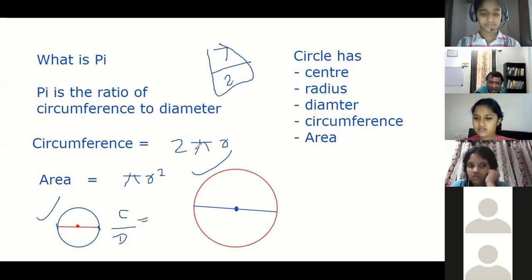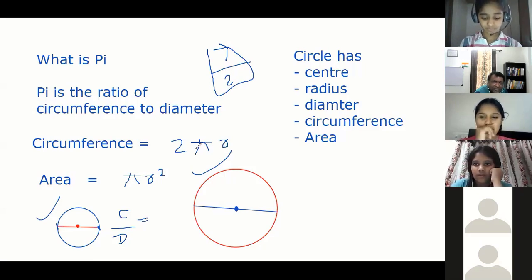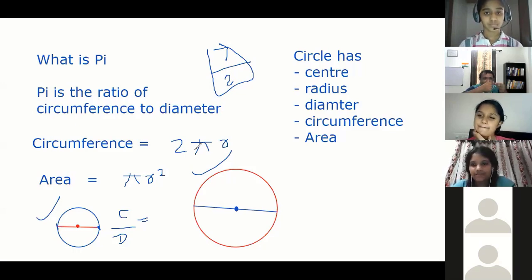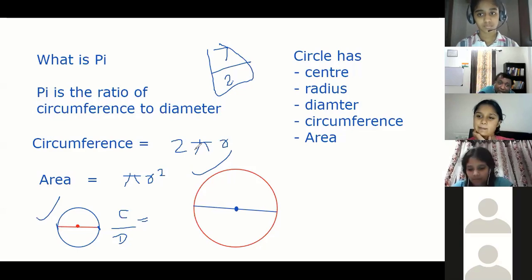What I try to say, everybody, Jagat, Ishan, Sanvi, Hridaya, whether you take a small bangle or a big circle, the ratio always remains the same. The ratio of circumference, the boundary, to the diameter will always remain the same. It's a practical thing, and that is known as pi. The Greek mathematicians found it, that's why the term is pi.